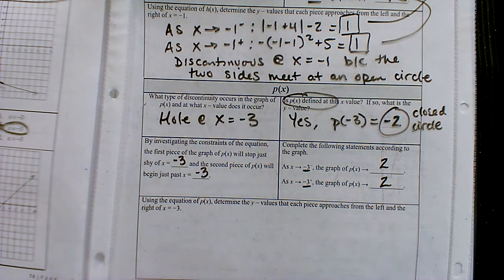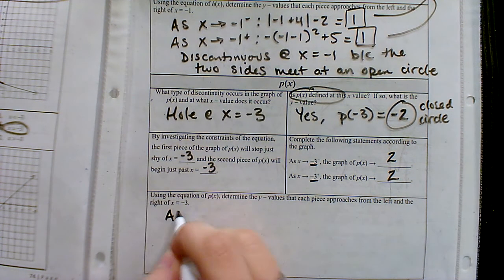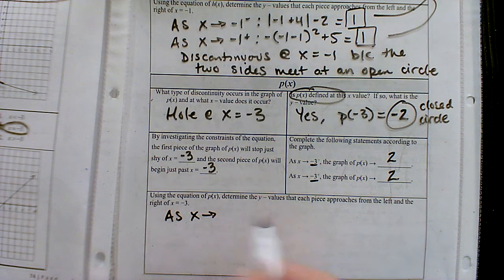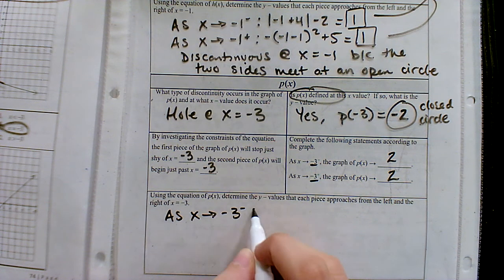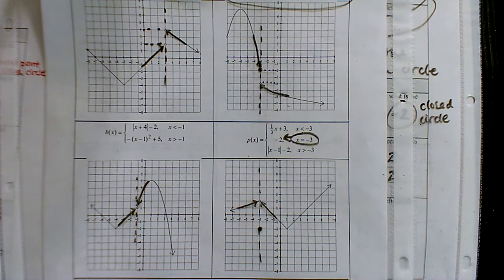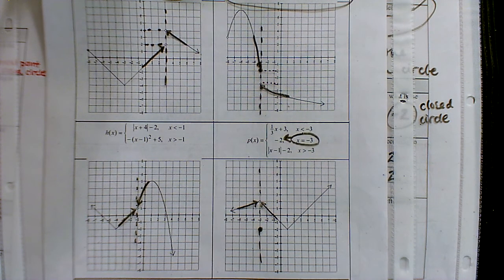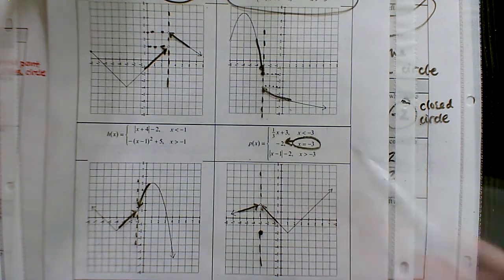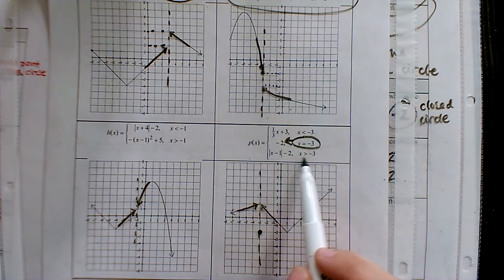Let's make sure we can get those same values based off the equations, just in case we didn't have a graph. So as x approaches -3 from the left, which equation are we going to use to represent the left-hand side of -3? Good, Marie? The third one? Or this one, the bottom one?